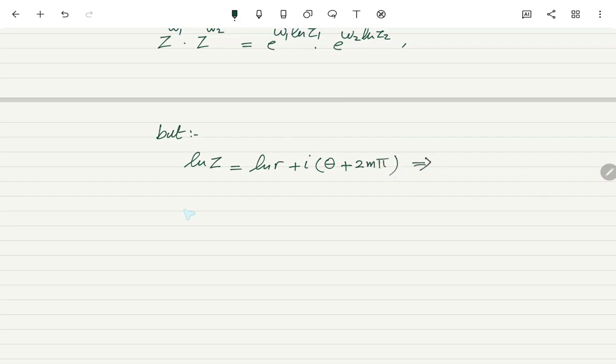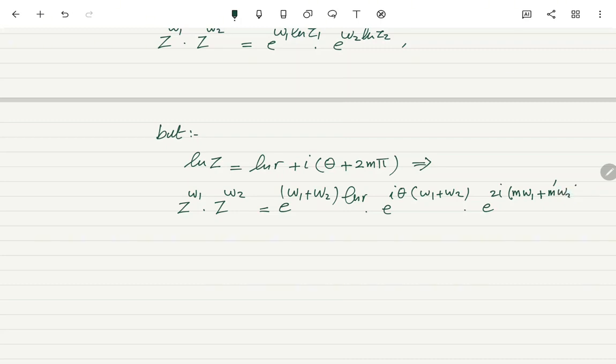Therefore, z to the power omega 1 times z to the power omega 2 will be equal to e to omega 1 plus omega 2 ln r times e to i theta omega 1 plus omega 2 times e to 2i m omega 1 plus m prime omega 2 pi.